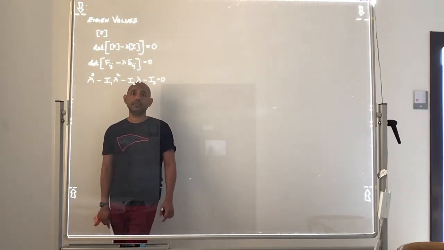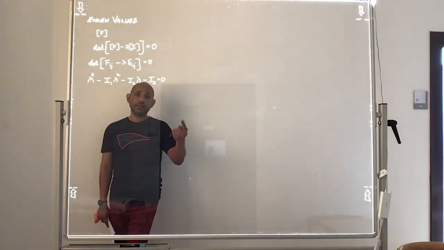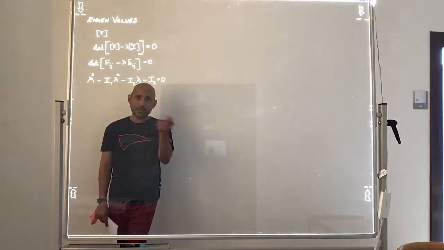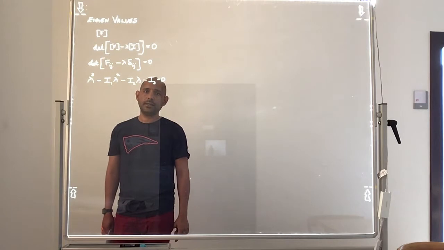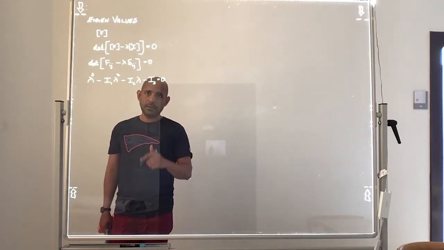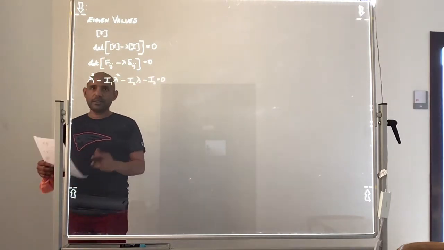I1, I2 and I3 are invariants, and these are important. You will get physical meanings of what these invariants I1, I2 and I3 stand for when you do continuum mechanics.